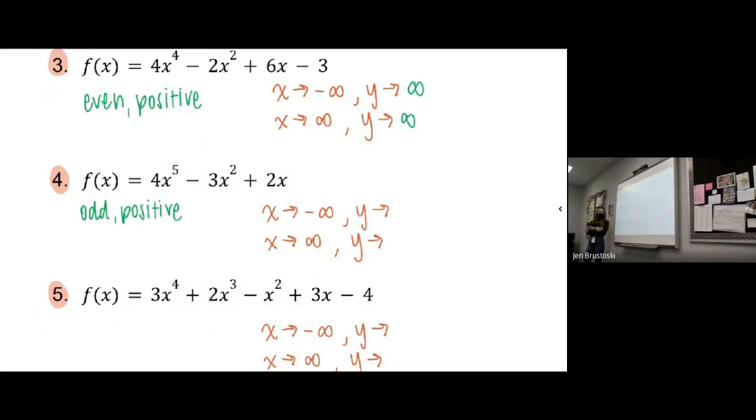What do you think, Wyatt? It's odd. Go look at your cheat sheet. It's odd and positive, so go to your odd and positive one. Did you write it down? Emma? It's going to go negative.